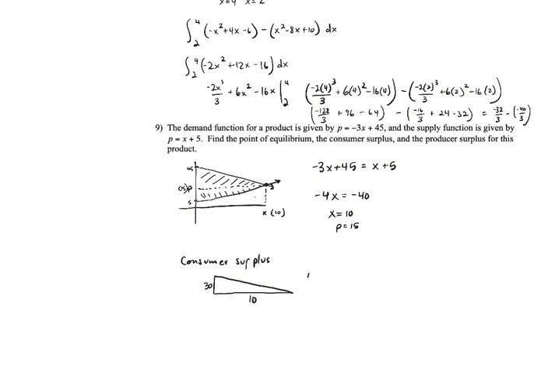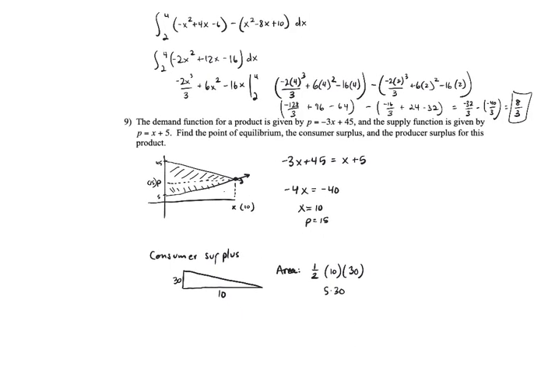So then the area is 1/2 base times height. So it's 5 times 30, which is 150. Okay. So this is consumer surplus.